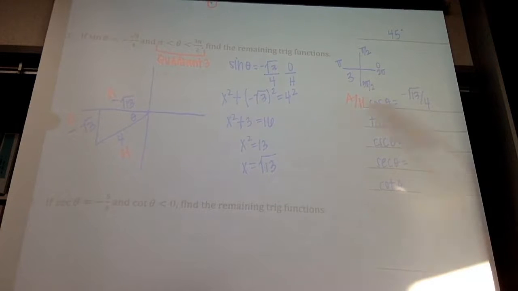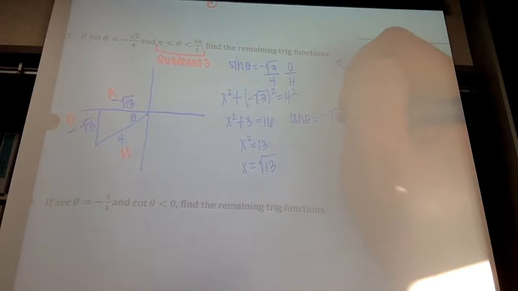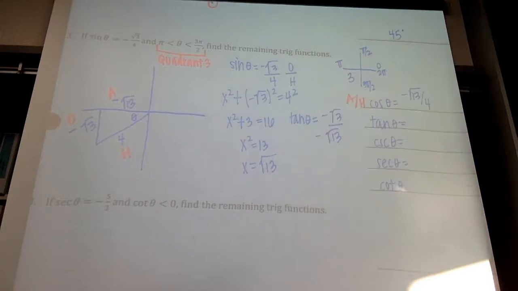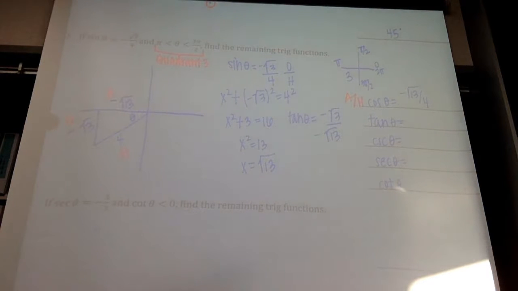For tangent, tangent is opposite over the adjacent. So I'm going to do this one over here, is equal to negative rad 3 over negative rad 13. Remember, the first thing I would say is, okay, my negatives cancel, right? Negative over a negative is positive. But then we want to rationalize the denominator.